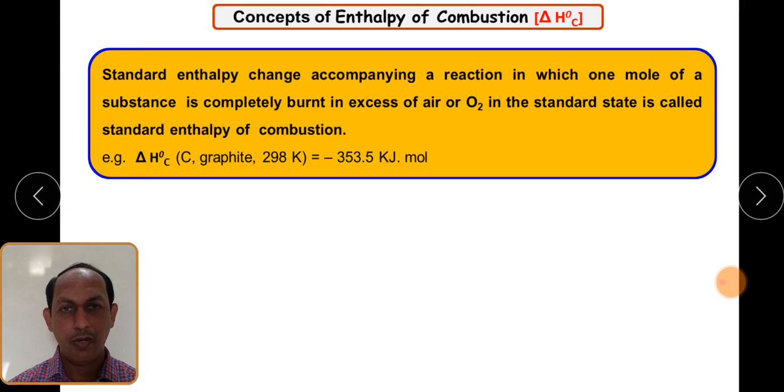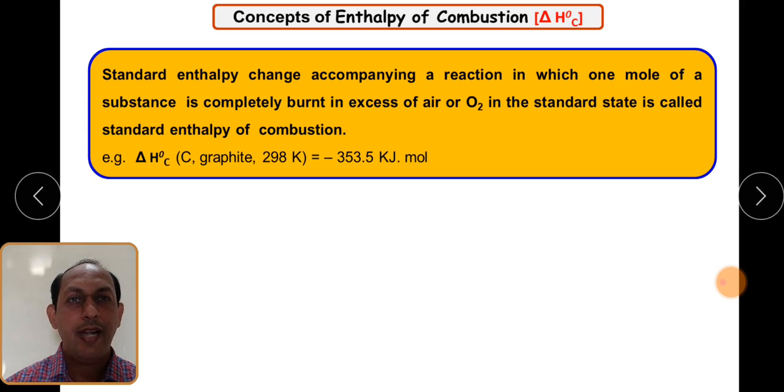This particular concept you might already have learned in your earlier classes. So, enthalpy of combustion. As we know, what is meant by combustion? It is a process of burning any particular compound in the presence of air, or we can say in excess air.